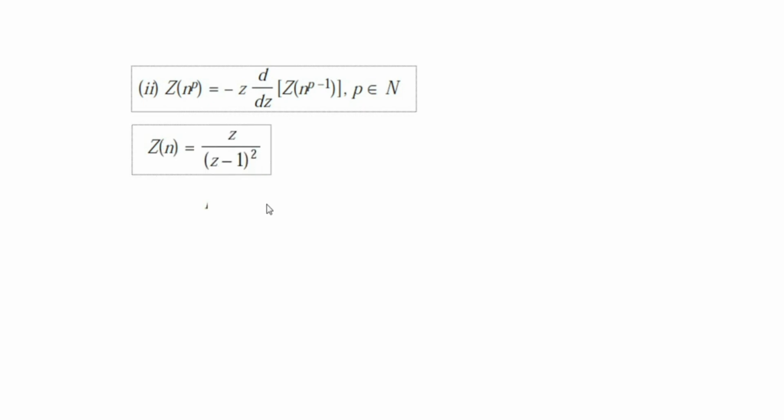In the above result, taking p = 1, we get Z{n} = -z times the derivative of Z{n^0}, and n to the power 0 is only 1.